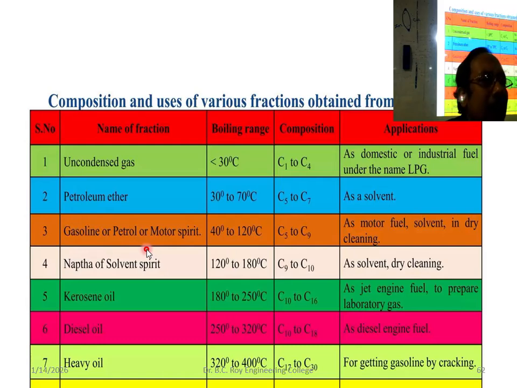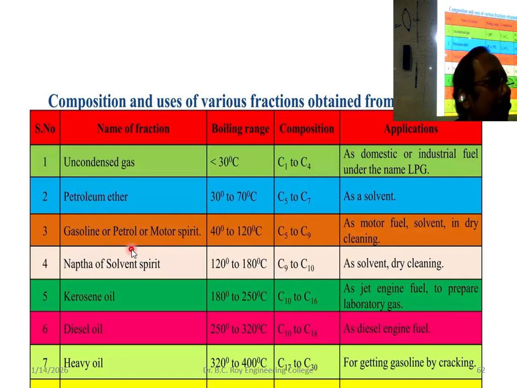Now, a certain fraction of kerosene, white kerosene, is mixed with petrol to get aviation fuel. So kerosene is not inferior in any way. Kerosene is as good as petrol.